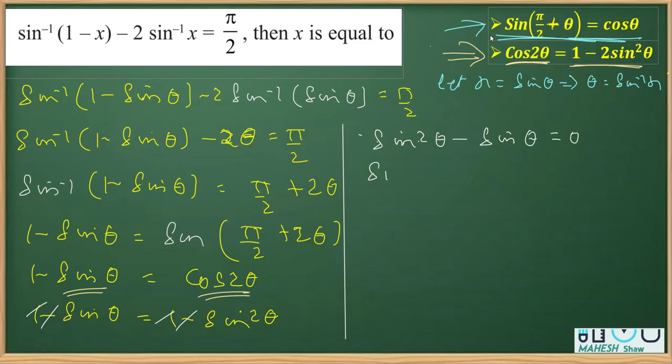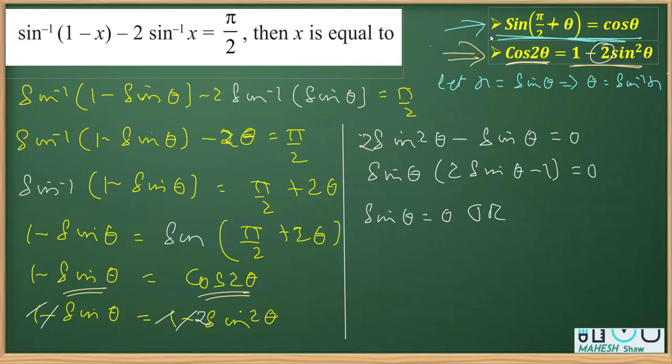There was something we missed, yeah, that's what I missed, the 2 here. So this is 2 sine square theta. If I take sine theta common, I'll get sine theta times (2 sine theta minus 1) is equal to 0. Equating this with 0, we'll get sine theta is equal to 0.